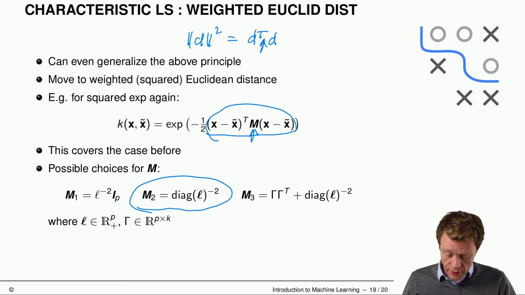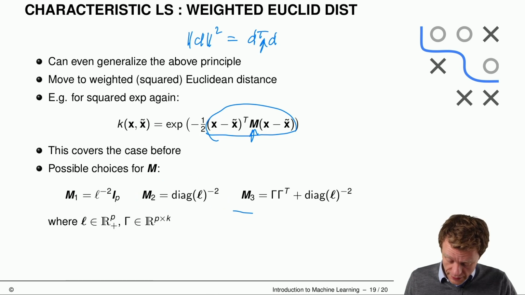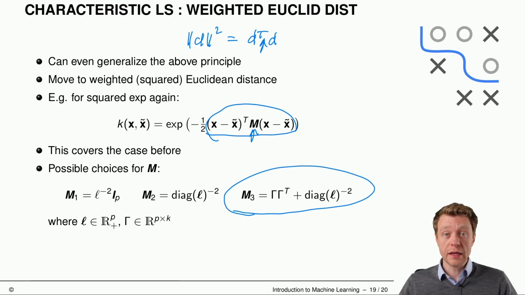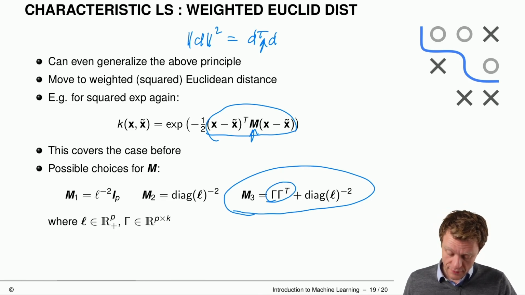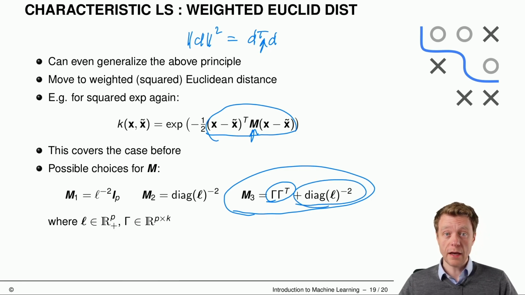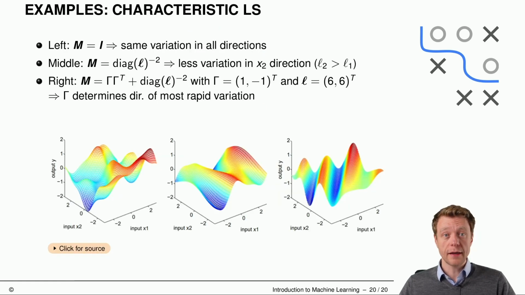But we can even generalize this further by saying, okay, now the weight matrix M3 can be some gamma transposed gamma matrix product plus some diagonal matrix, and this then corresponds to a rotation of the feature space. You can see this better, I guess, with these visualizations here.